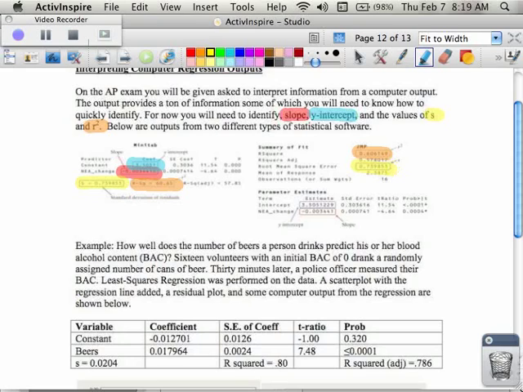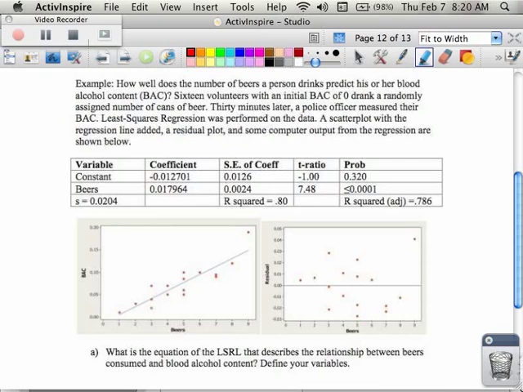The root mean square error is what it's called. And then the intercept we knew from before was our y-intercept. So that's this one. And then the last one, the NEA change, was the same as our slope. So I just want you to be familiar with where these things are on a computer output. So an example below here, using these computer outputs, we're going to do a bunch of stuff with it.